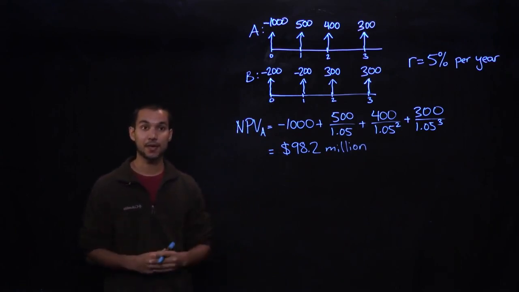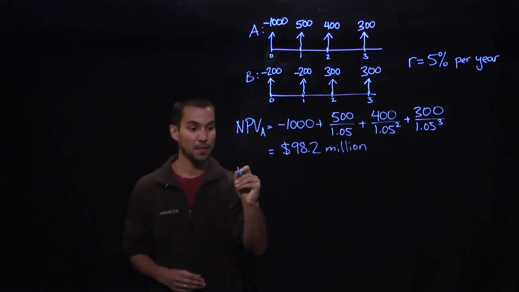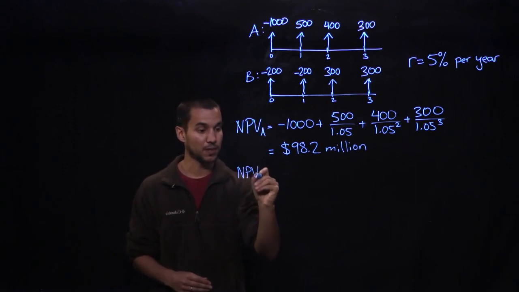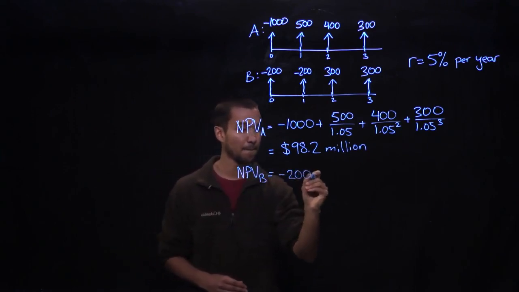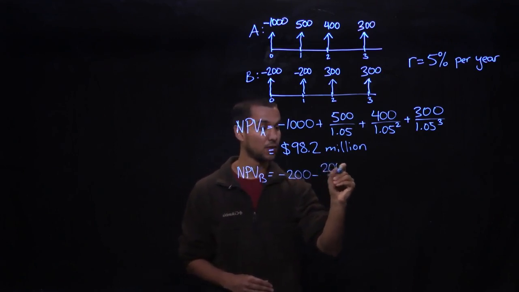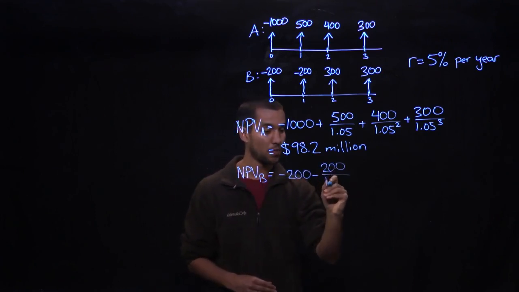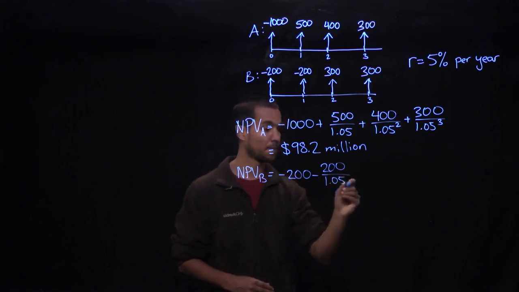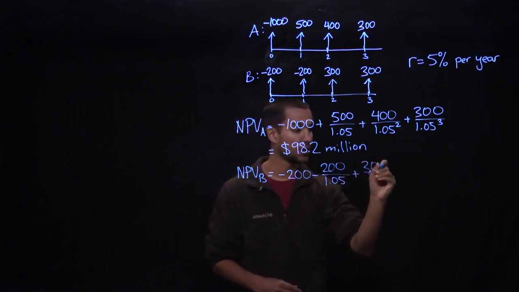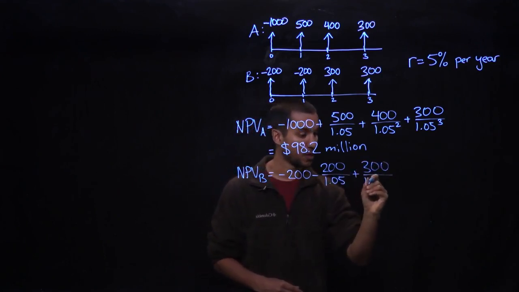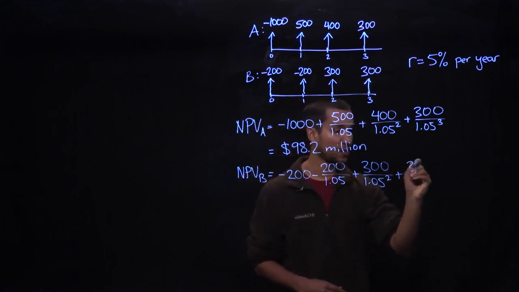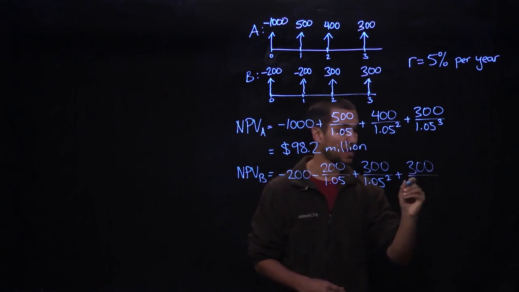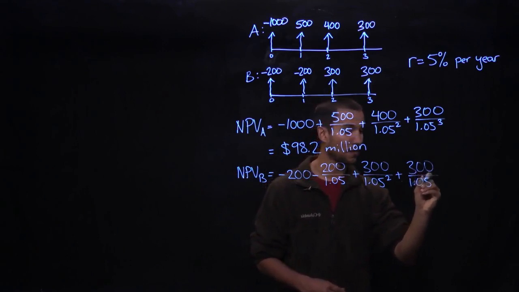Now let's do the same thing for project B. The NPV of project B is going to be equal to minus 200 minus 200 over 1.05 plus 300 divided by 1.05 squared plus 300 divided by 1.05 cubed.